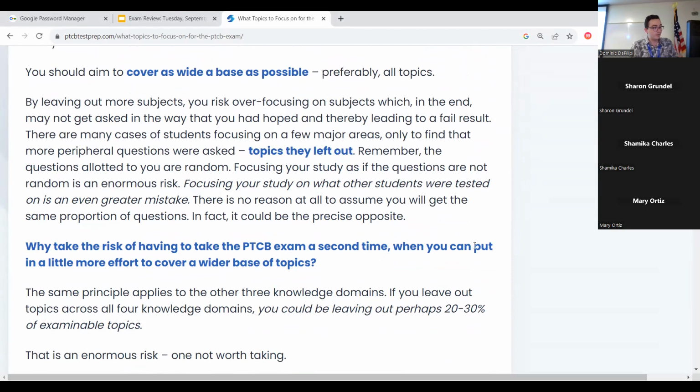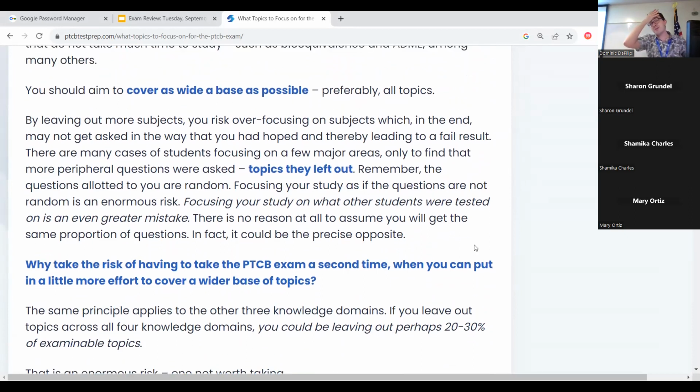But by leaving out more subjects, you risk over-focusing on subjects which in the end may not get asked in a way that you had hoped, thereby leading to failure in the topics you left out. So that's why it's a fairly challenging exam. You do have to paint with a broad brush, right? Because there's only 90 questions. They're not going to ask you about every single drug you study, obviously, but you have to be ready to be asked about every single drug that you studied.